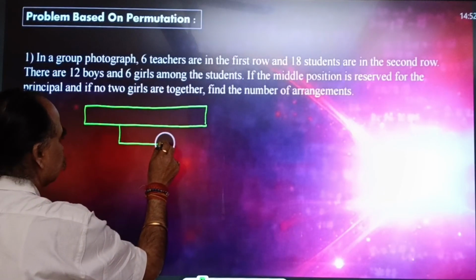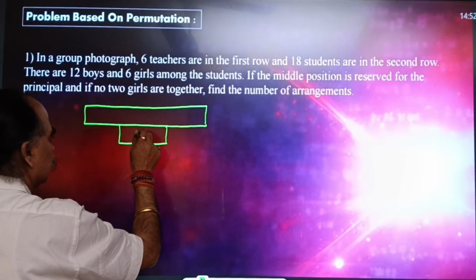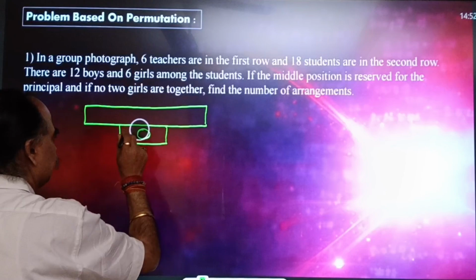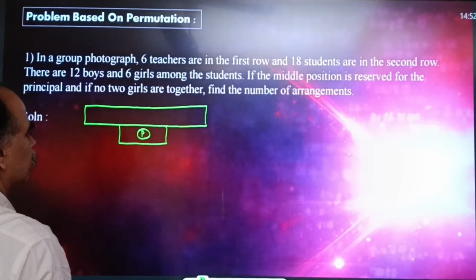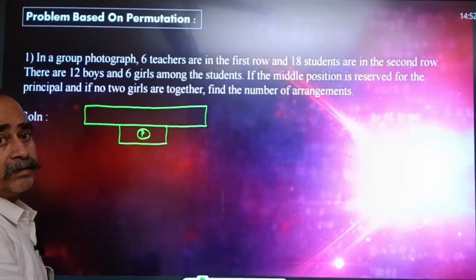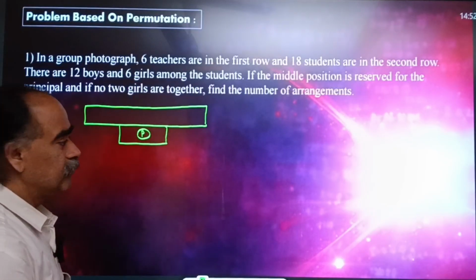This is the first row and this middle seat is for the principal. So we will first arrange the first row and then we'll go for the second row.